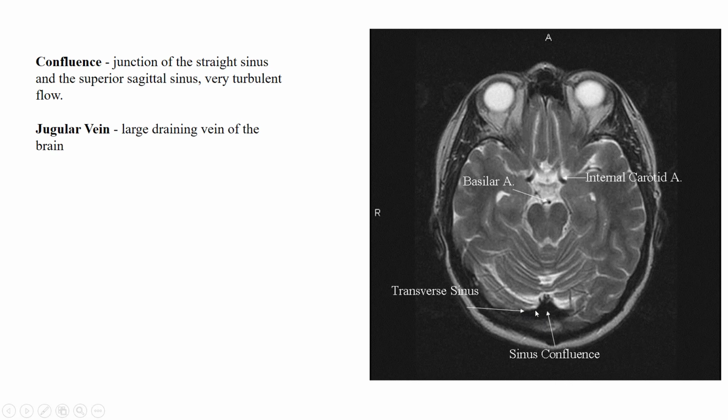So the transverse sinus will run laterally out toward the ear, just posterior to the ear, and posterior to the internal auditory canal as well on both sides, before it turns into the sigmoid sinus and then out through the jugular vein. On this image we can also see the basilar artery just anterior to the pons, as well as the internal carotid artery, and again that is within the cavernous sinus that is on the lateral side of the sella and the pituitary gland.